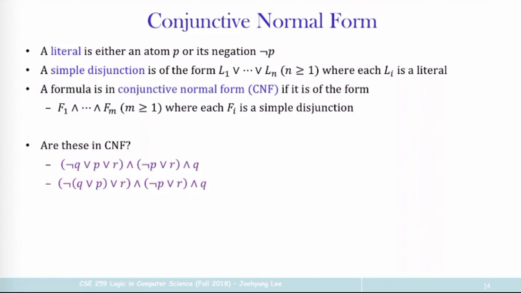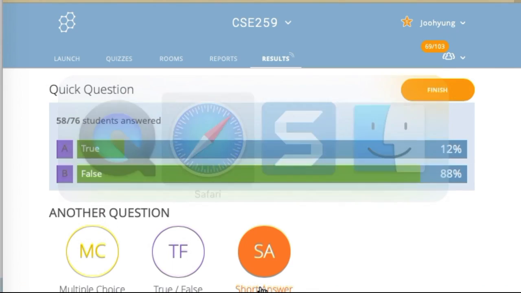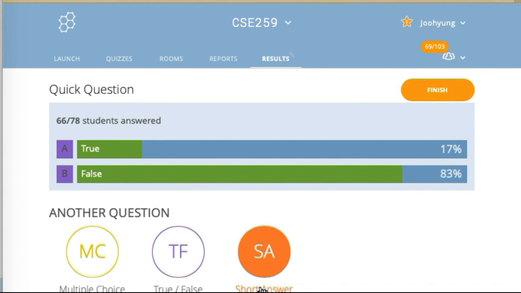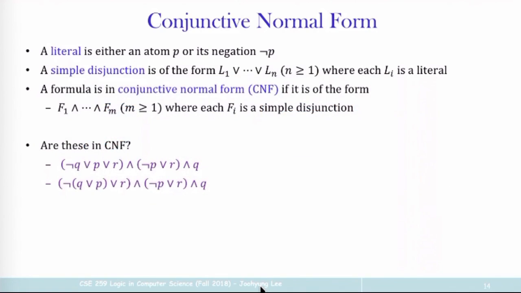Are we done? Okay, it is false. Why? Because if you try to match the first one, it must be a simple disjunction, meaning a disjunction over either atoms or negations of atoms. But this one has negation over more complex formulas. So this is not CNF.